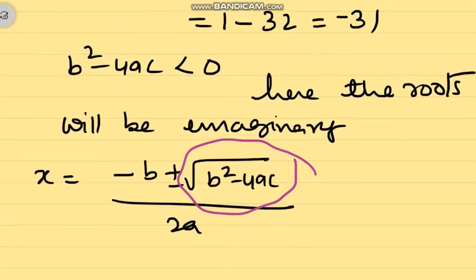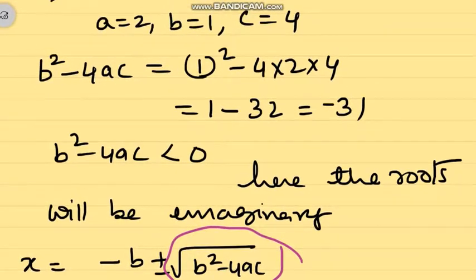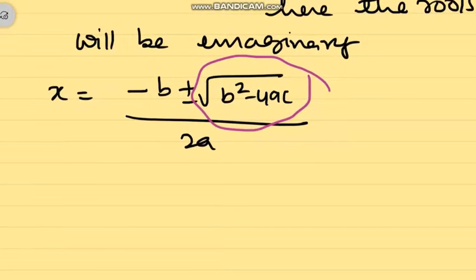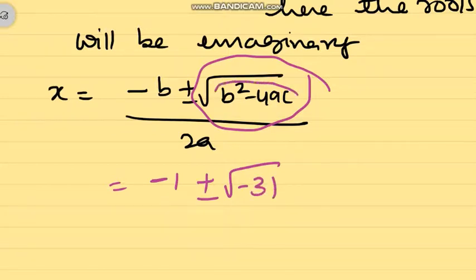So what is your b? Your b is equal to 1 and a is equal to 2. So here you will put minus 1 plus or minus root, minus 31 inside, because the value of b square minus 4ac is coming as minus 31. We have just calculated it.